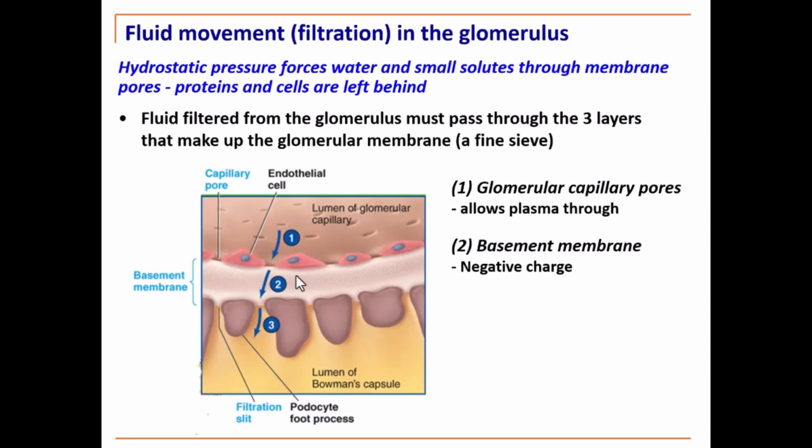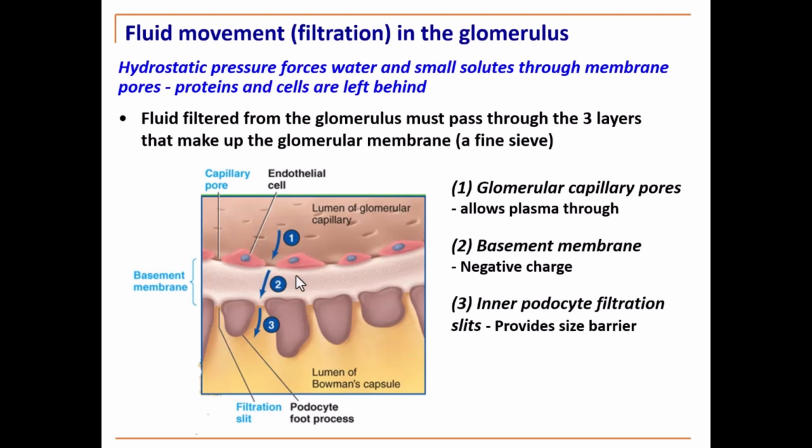Two negatives coming together repel each other. And so it prevents small proteins from passing into that tubular filtrate. So we've got first the pores, then a basement membrane, and finally an inner podocyte filtration slit. And basically this is just another size barrier.